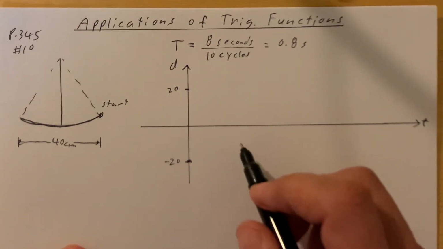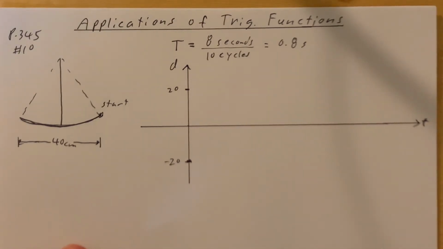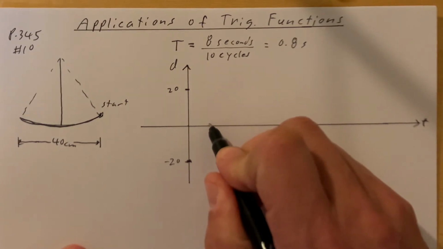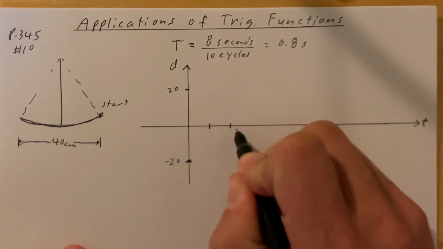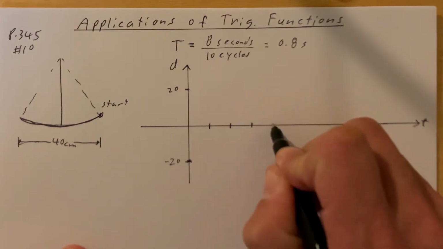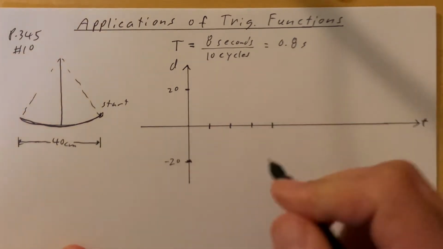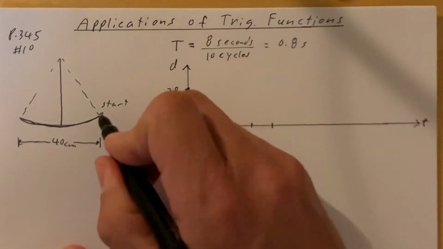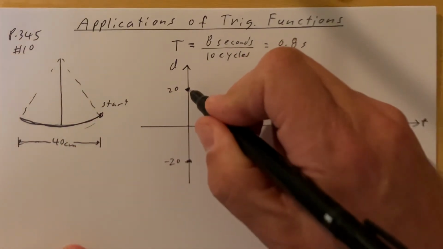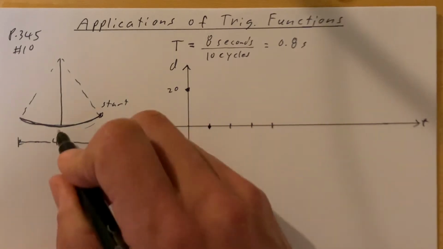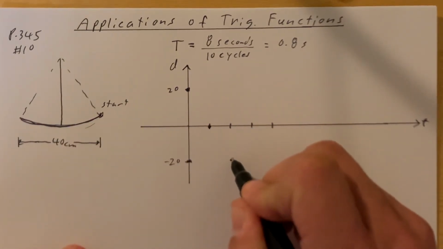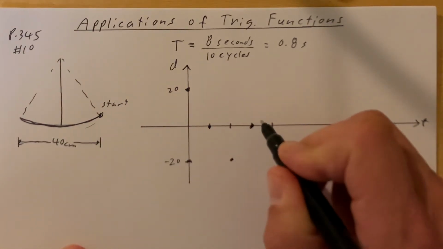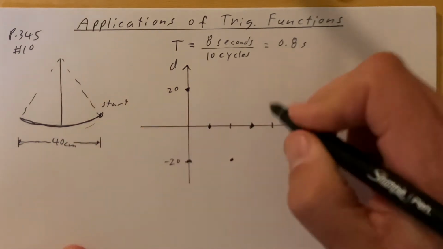Now we want 2 full cycles, so let's put in marks here for quarter cycles. A quarter is there, approximately another quarter, another quarter, and another quarter, and that makes 4 quarters, so that will give me 1 full cycle. It starts at the top here, at 20 centimeters away, then swings back down, so it comes closer to here, and then goes to the back, to negative 20, and then comes back to the middle again, and then goes back to the starting point, which was out here.